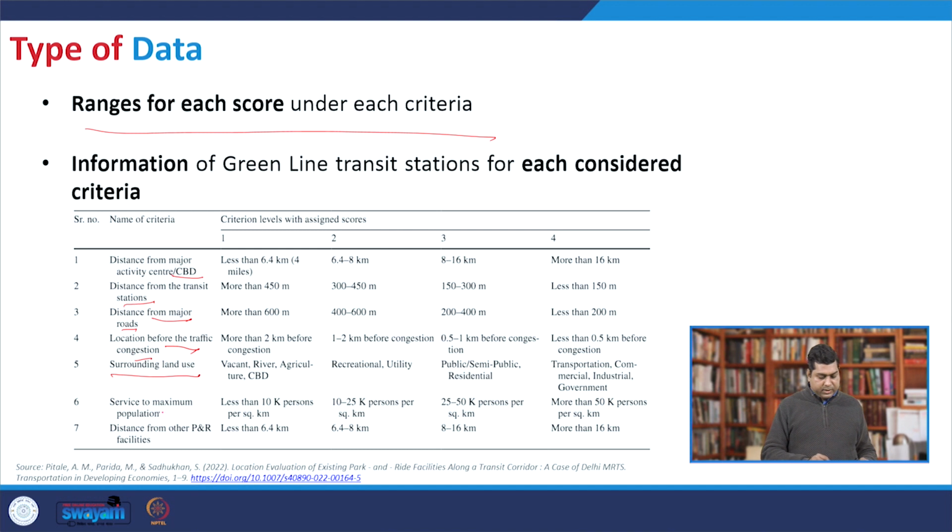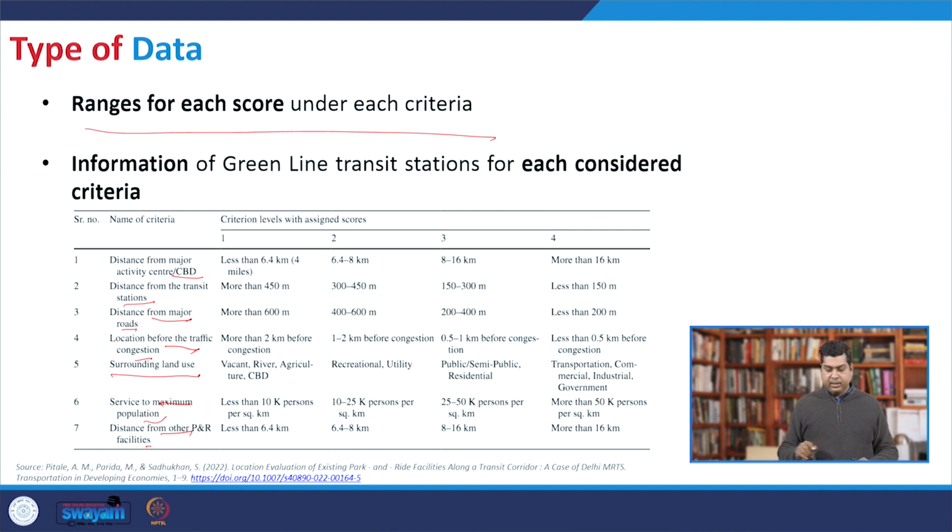Surrounding land uses, service to the maximum population, that is also required, and then distance from the other PNR. So if two are neck to neck, then definitely one will be at an advantage. So this will be something like influencing each other.